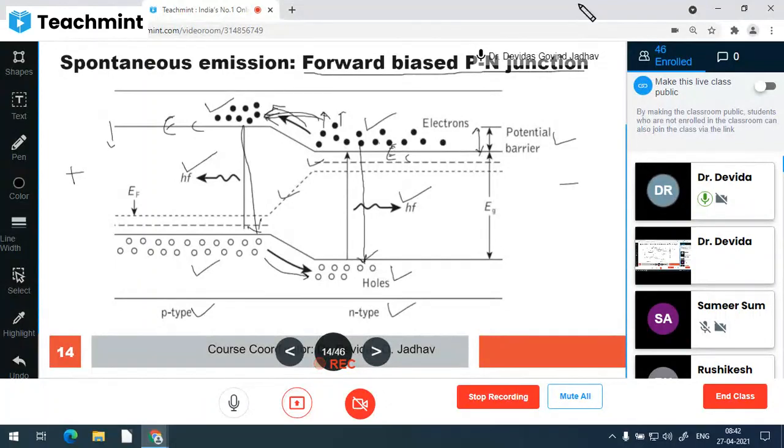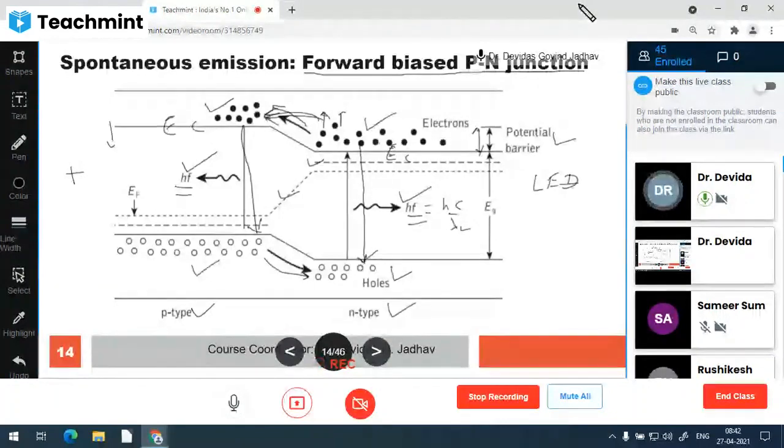But all the photons have the same amount of energy, hf, and hf is nothing but hc upon lambda. Therefore, lambda is same. That is, the color is same, that is, the wavelength is same, so it is monochromatic, and it is observed in LED. So what is this property in LED?